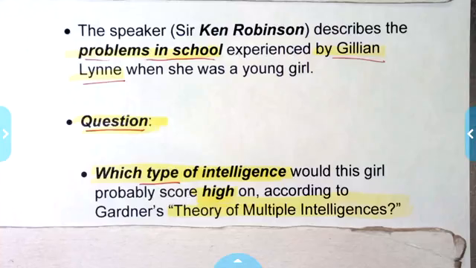I lectured on 4 of them. Of those 4, which type of intelligence would this girl probably score high on? Of the 4 kinds of intelligence that I described, bodily kinesthetic, interpersonal, intrapersonal, linguistic, which type would this girl that Ken Robinson talks about in his video probably score high on?